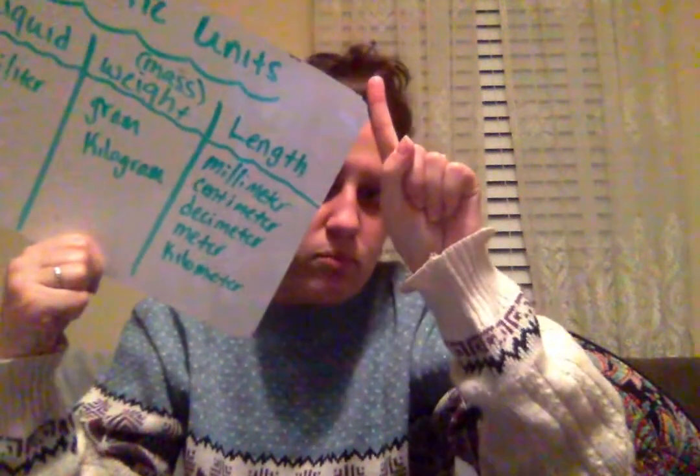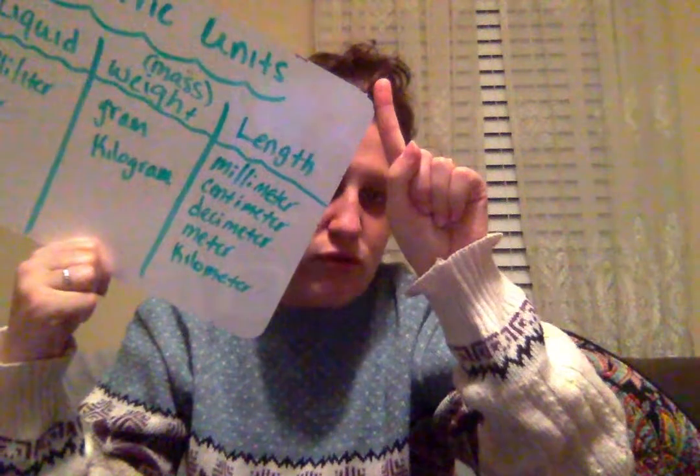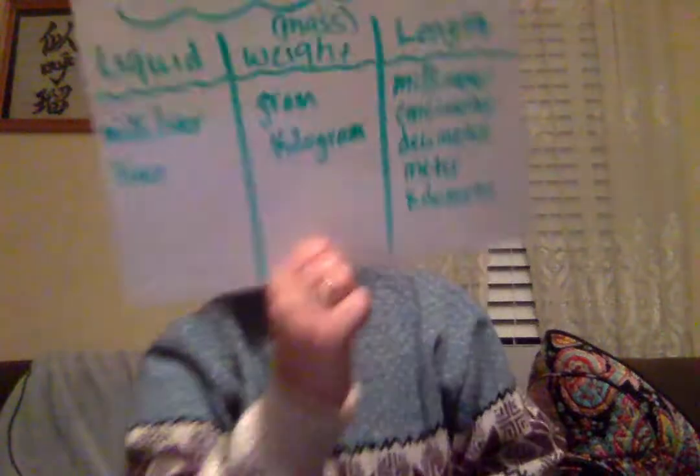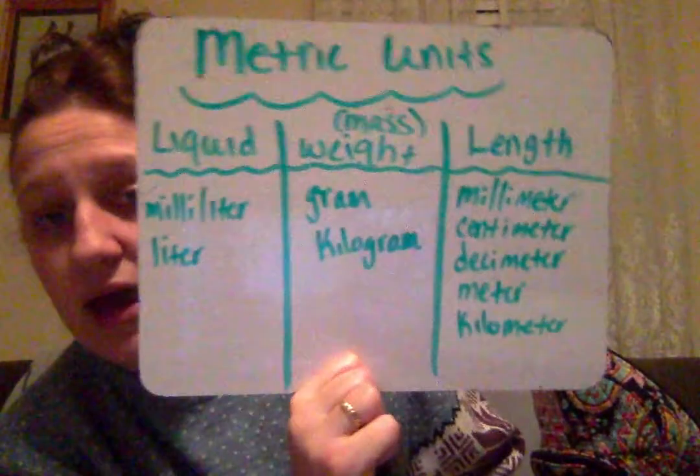Now, if you're thinking of a centimeter, instead of doing the top to line of your finger, think end to end. So from here to here, that's a centimeter. Much smaller than an inch. Not incredibly small, but much smaller.